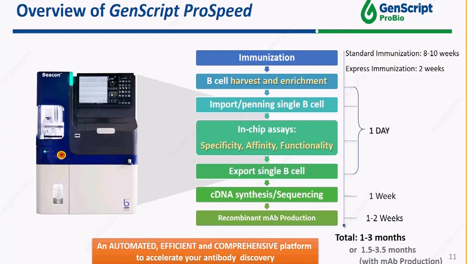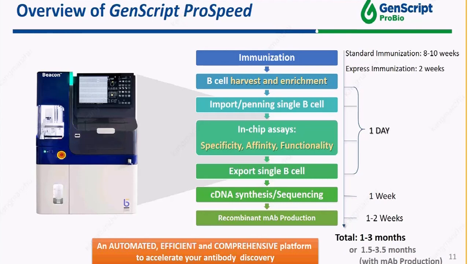Here we want to highlight that from harvesting the B cells to lead identification, it takes less than 1 day, which is dramatically shortened compared to the typical hybridoma method. From the beginning of immunization to small-scale mAb production for in vitro validation, the total duration is 3 to 3.5 months with standard immunization, and only 1 to 1.5 months with express immunization.